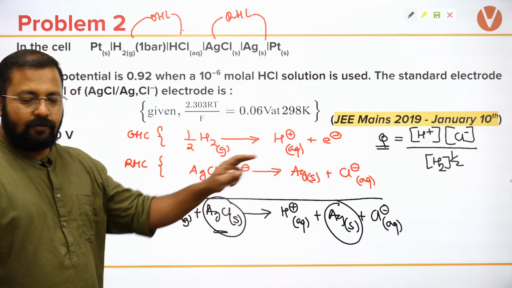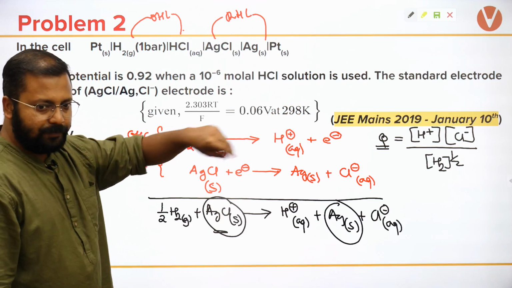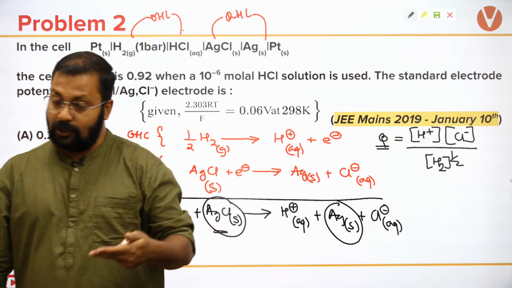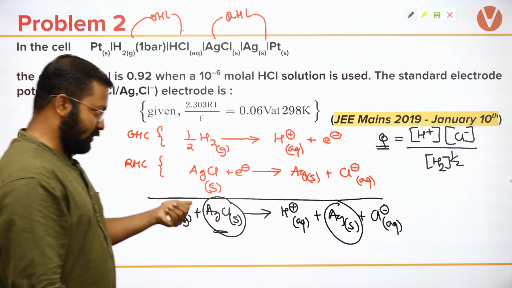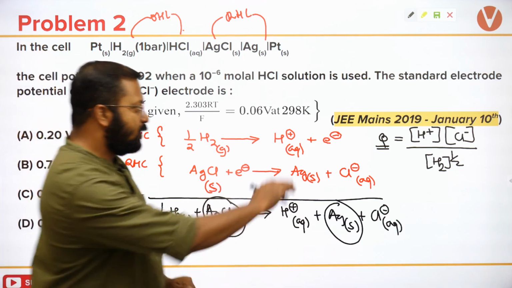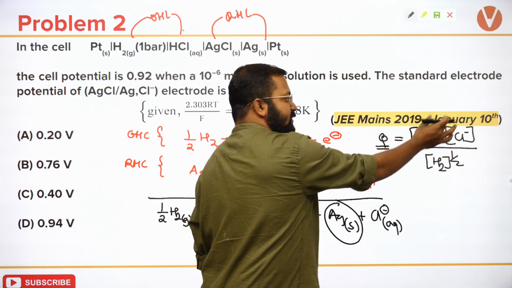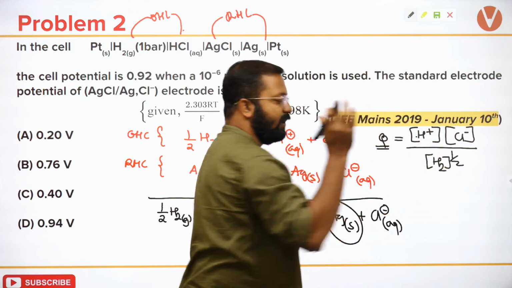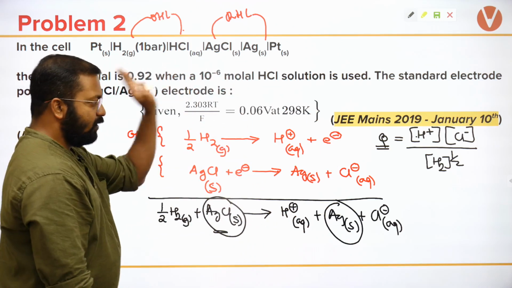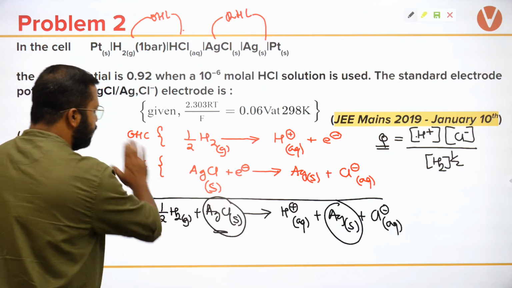Our expression for Q will be like that. Everybody who has said no, we cannot include the solid is right, because solid's activity is taken as 1. So our expression for Q will be equal to this: H plus concentration, Cl minus concentration divided by hydrogen's pressure taken at this particular temperature. Now with that thing in mind, let us move ahead.